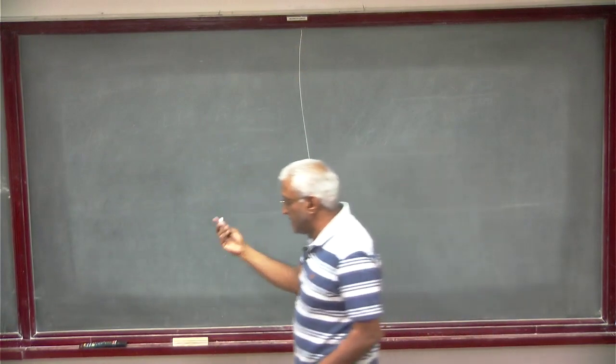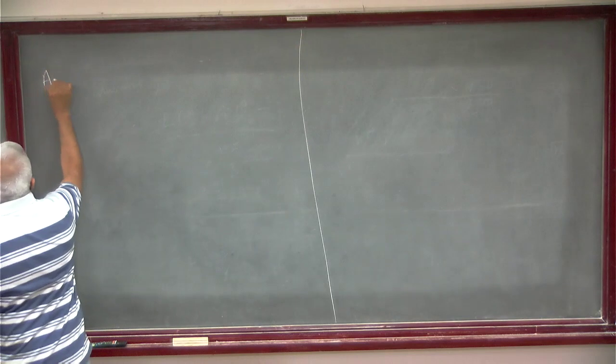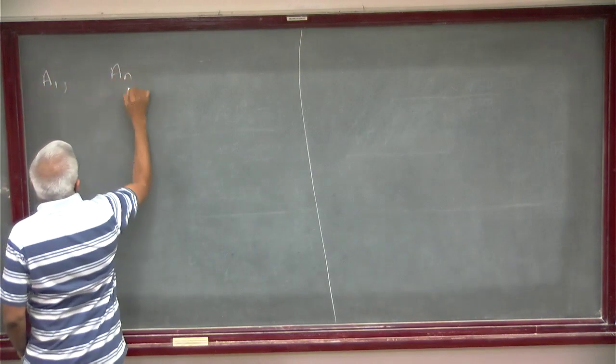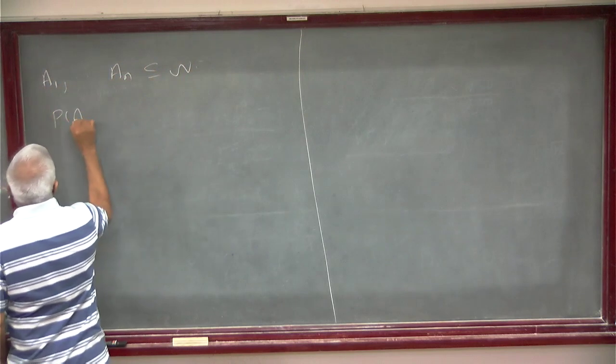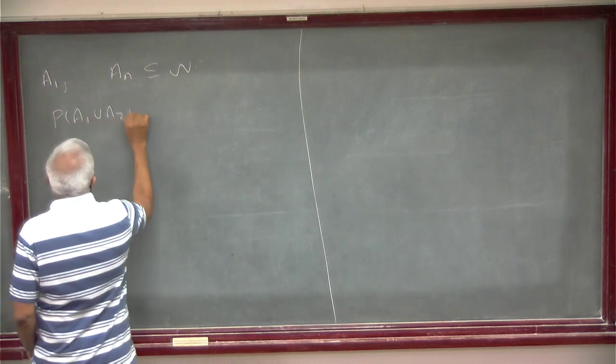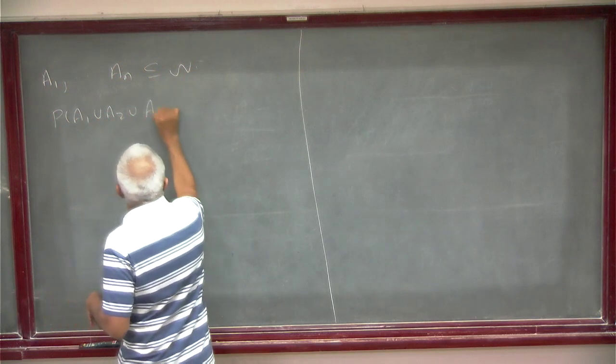So we can extend this. If A1 up to AN are some sets in omega, then we can extend it for 3, for example.